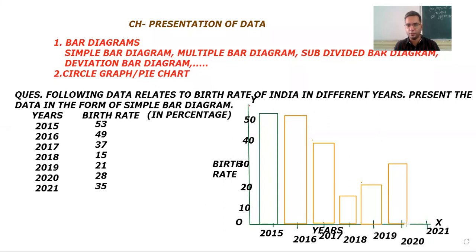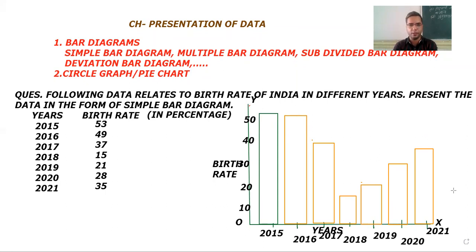We'll make 28. Last is 35. Let's go for 35. 30 and 40 के बीच में बेटे. We'll make 35. This way. This is your simple bar diagram. This is the way you have to make a simple bar diagram.